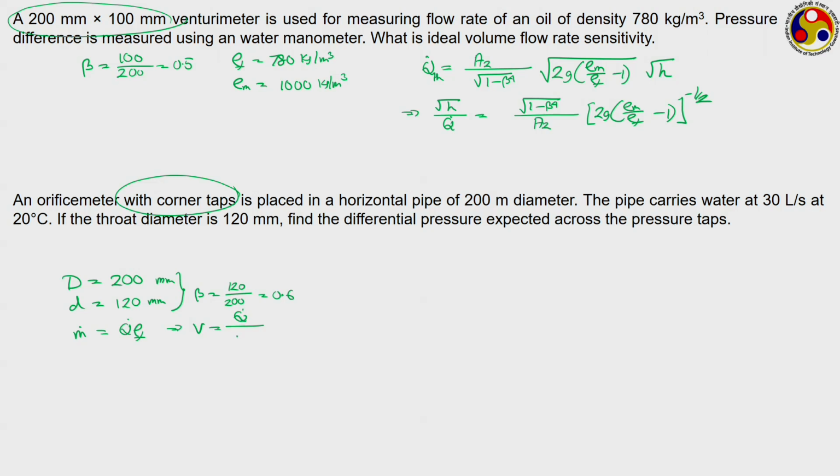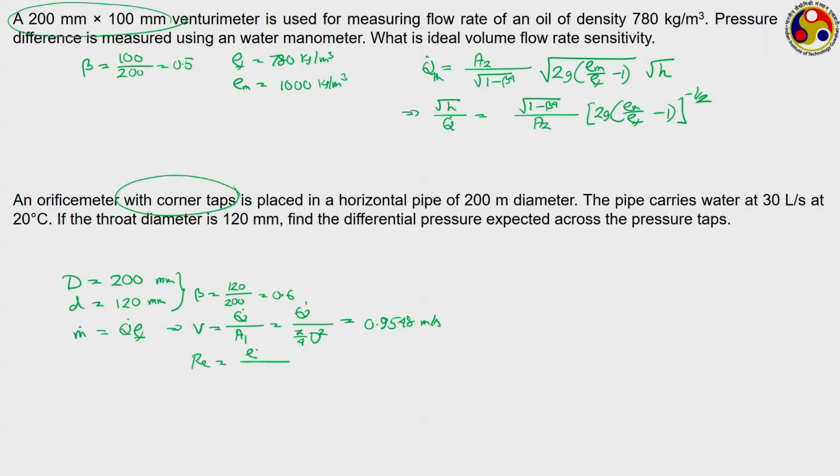The velocity will be this volume flow rate divided by the cross section area, let us say the pipe area, that is q dot divided by pi by 4 D square. So, you can calculate the velocity, the value will be coming something like 0.9548 meter per second.